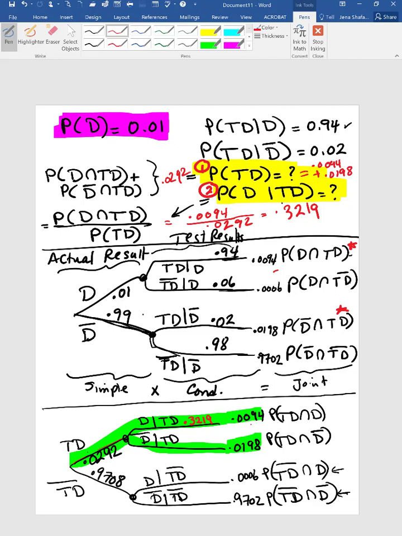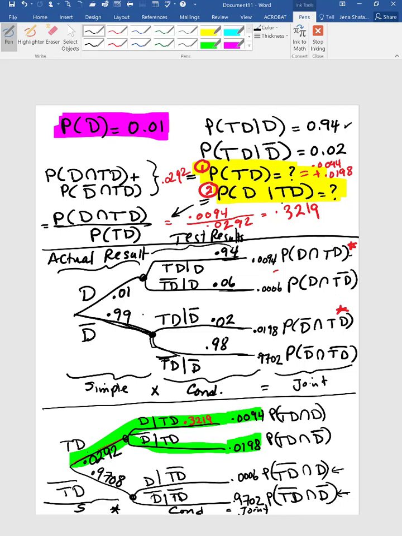Now over here you can see that we computed 0.3219, but from the tree, remember again we still have this relationship: simple times conditional equals joint.